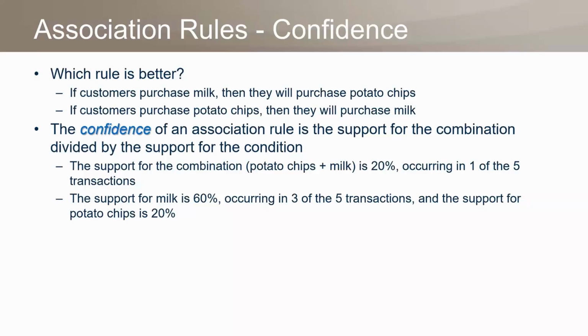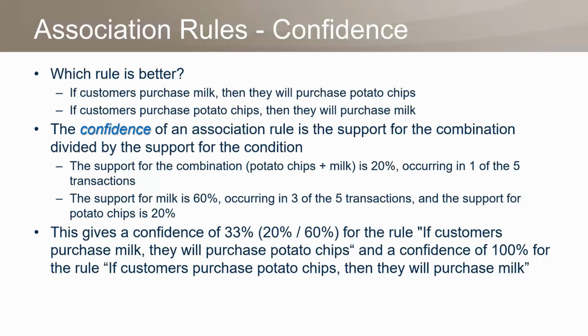If we turn the rule around, then support for the condition, if potato chips, is only 0.2. So the confidence for the rule, if customers purchase milk, then they will purchase potato chips, is 0.33, 20% divided by 60%. The rule that is turned around, if customers purchase potato chips, they will purchase milk, has confidence of 1 or 100%. So based on confidence, this rule is better.